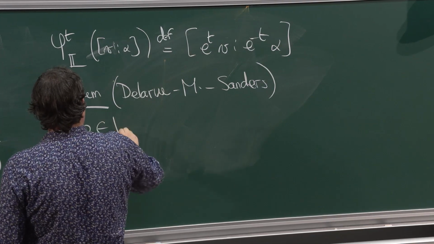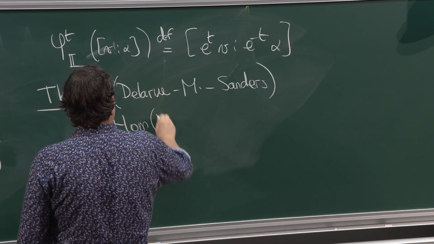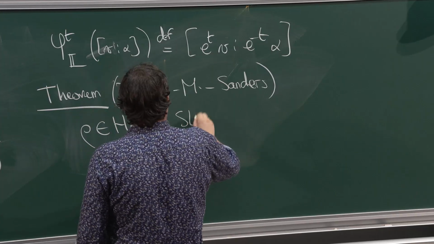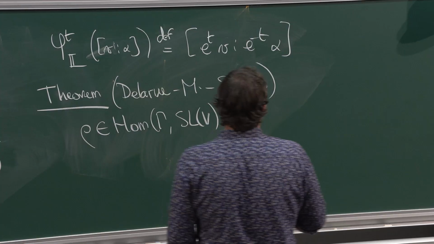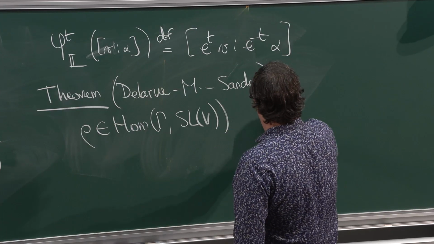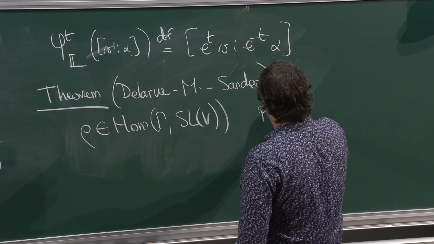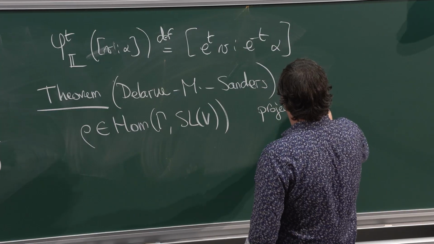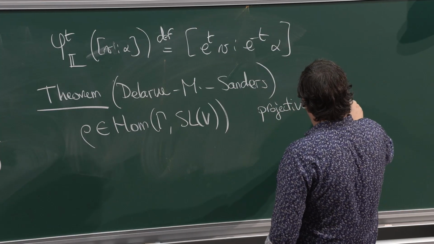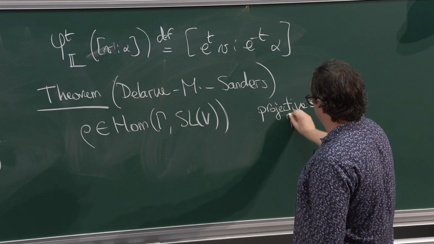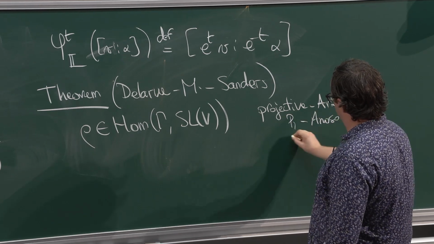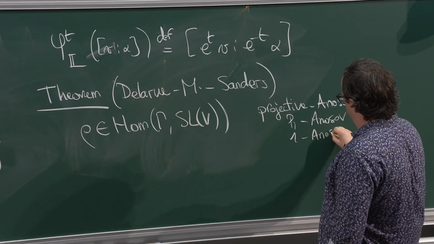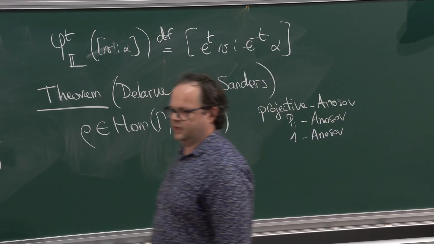So gamma is a representation, rho is a representation of gamma in SL of V. And so this is what I still like to call projective Anosov. People call it P1 Anosov or even just 1 Anosov these days. It doesn't matter because I haven't defined it yet.